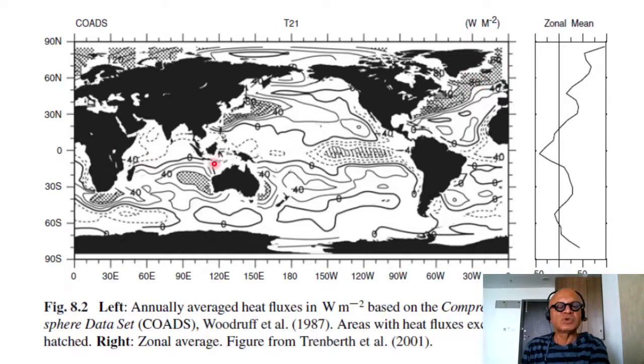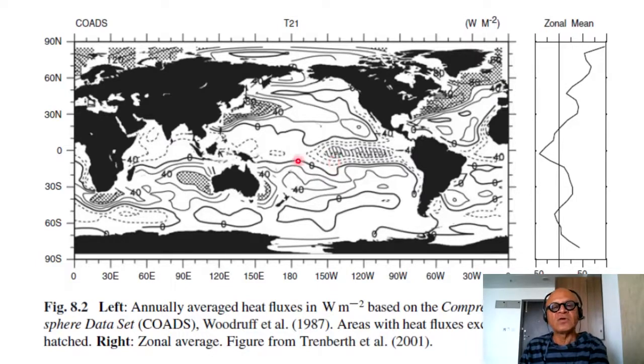And the Indian Ocean is always warm, as we saw, so it is receiving heat even though it's warm, whereas here the ocean is receiving heat because it's cold, and it's losing heat here because it's warm. So you have to determine what are the processes that decide where the heat is going into the ocean, where it's coming out of the ocean, and how that changes from season to season, year to year, and so on.